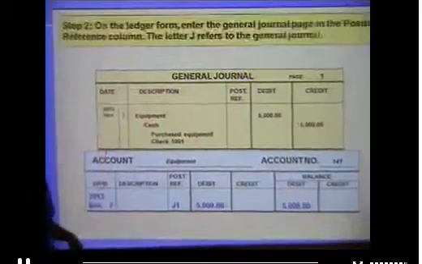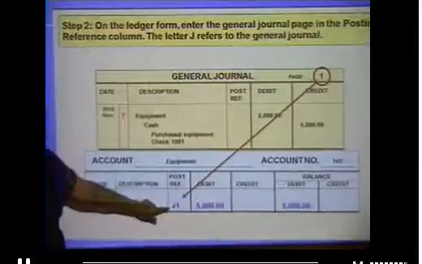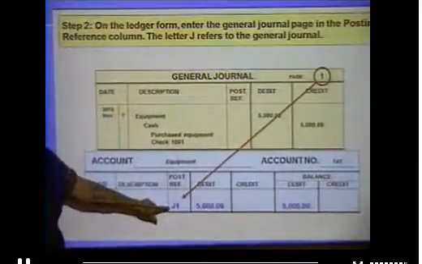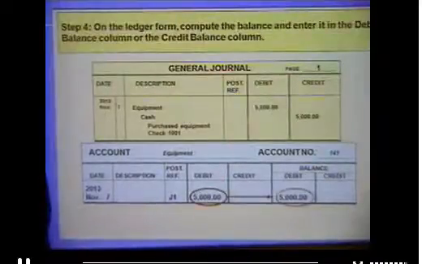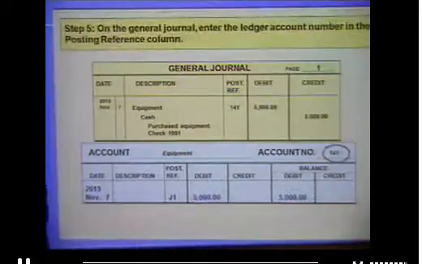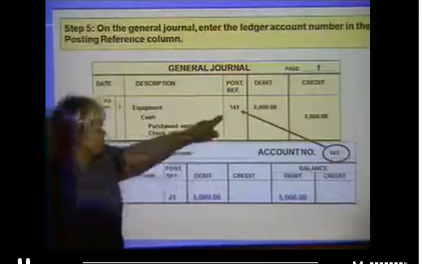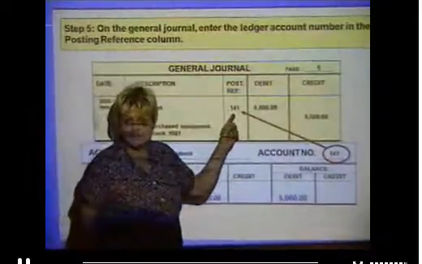Journal page 1. So we write in J1. What did we do to that account? We debited it for $5,000. Take our balance, calculate our balance in that account, and then we go back to the journal page and enter the verification that we have completed the posting. That's 5 steps.